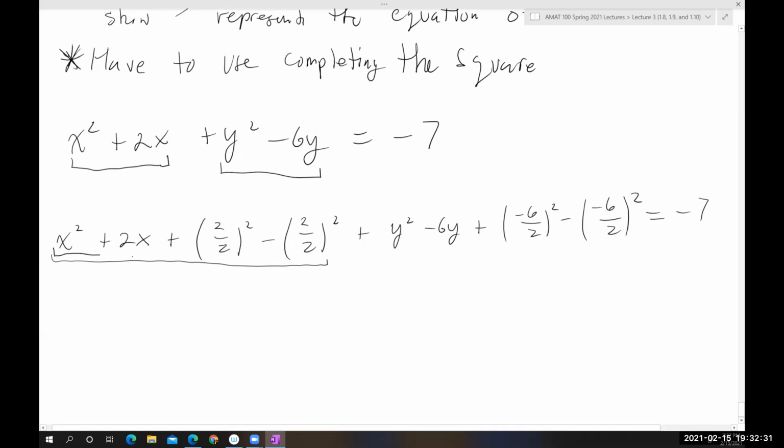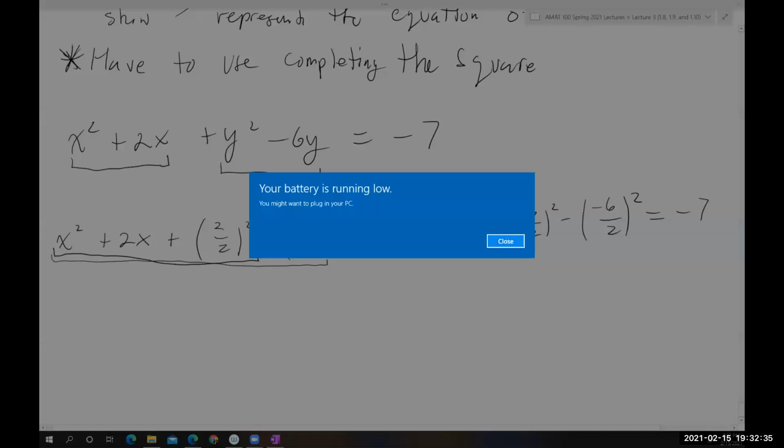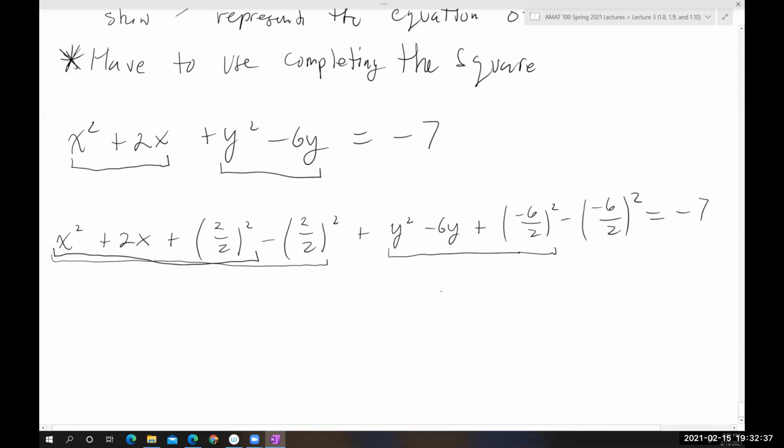So now this piece we can write as a perfect square, and then this piece, hold on, my battery's going to die. Actually, I think I have enough. I should have enough.